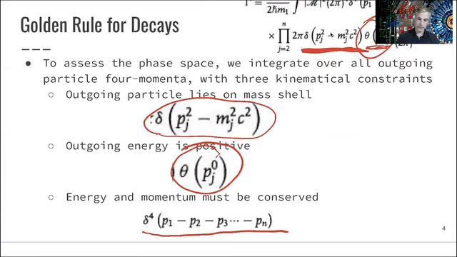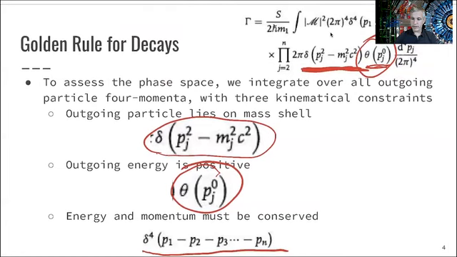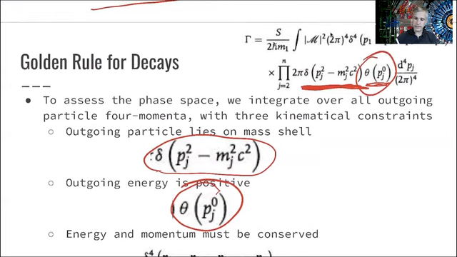So the first particle minus the second, third, and so on, for the energy and for the 3 components of the momenta, have to be 0 for this to return 1. So again, another delta function. There are also factors of pi, and the simple rule is that for each delta function you have to account for a factor of 2 pi. So this basically explains everything we see on this slide.